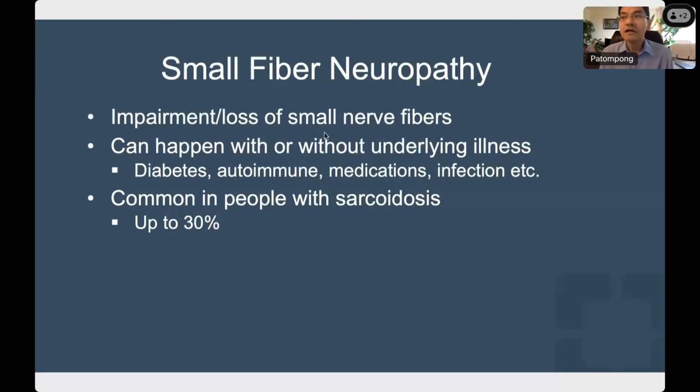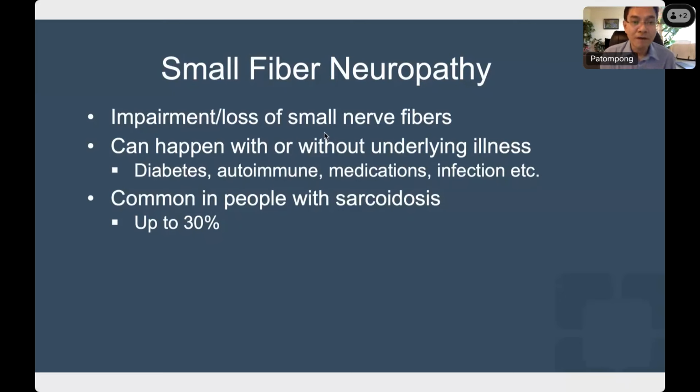The third disease that I will talk about is a condition called small fiber neuropathy. Small fiber neuropathy is a kind of neuropathy that happens to the small nerve fibers, and the mechanism behind it is not well understood, but we believe that impairment or loss of the small nerve fibers plays a significant role in the development of pain. Small fiber neuropathy can happen with or without any underlying illness.